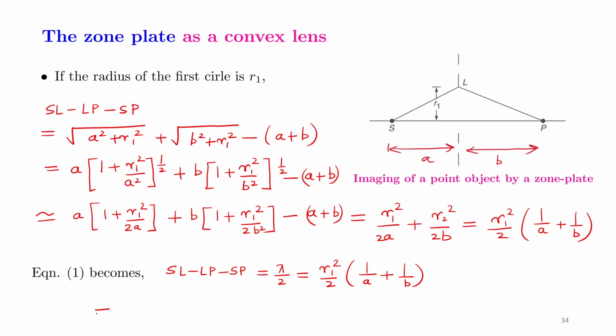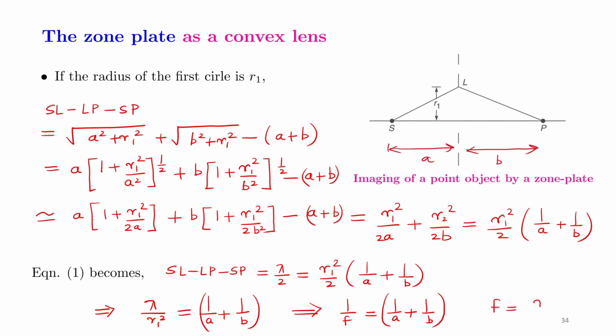So this is lambda over r1 square equal to 1 over a plus 1 over b, and this can be written as 1 over f equal to 1 over a plus 1 over b, where f equal to r1 square divided by lambda.